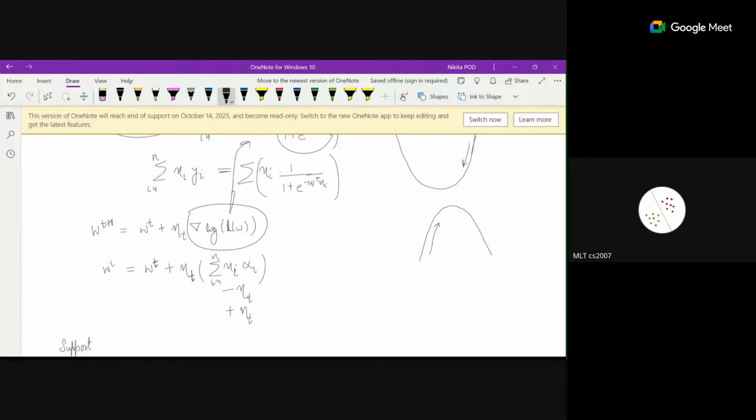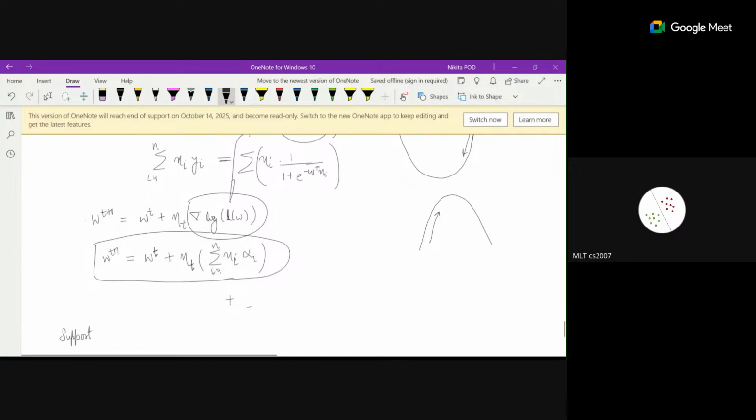We assumed the alpha i, the same thing we did for EM also. Then the kernel comes.